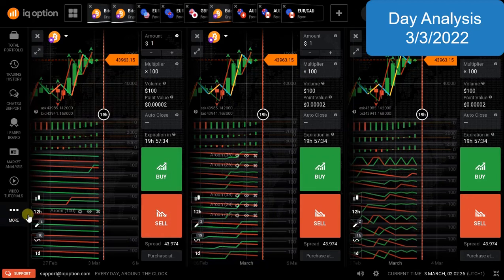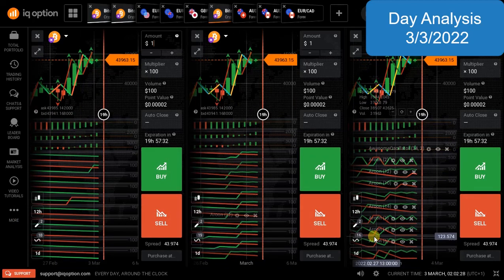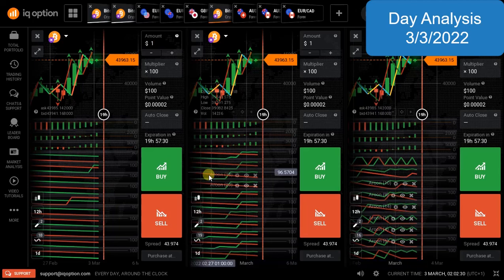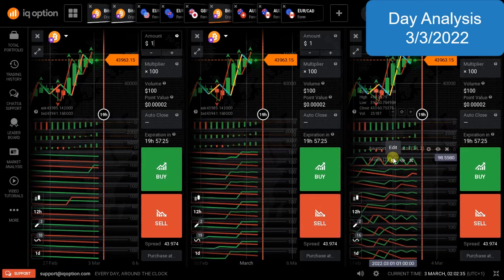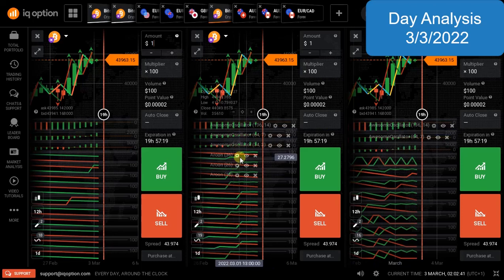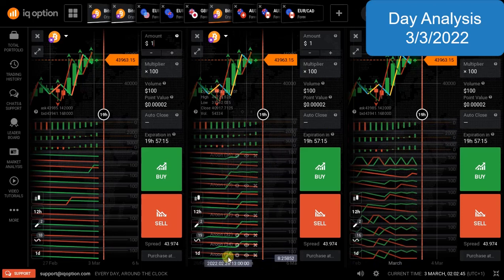So if you look at 12-hour interval alone, from a small system, middle system, and a big system. From about 2 to 15 shows that it has been in uptrend, but it has also surpassed the middle system up to the 38.